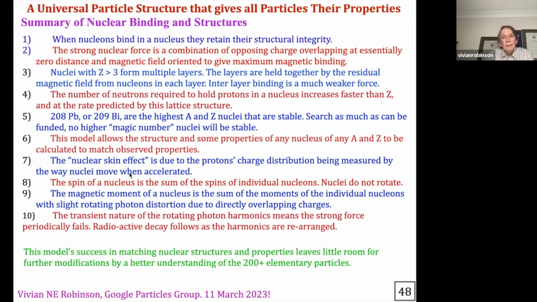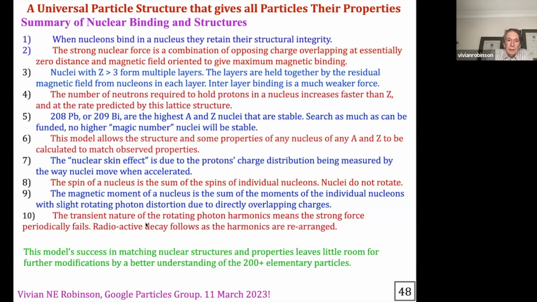The nuclear skin effect is just due to the way the proton's charge distribution is being measured, because of the way they move. They always move exposing their spread-out charge. The spin of a nucleus is the sum of the individual nucleons. Nuclei do not spin. The magnetic moment of a nucleus is the sum of the moments of the individual nucleons, with a slight rotating photon distortion, just because the charges overlap.